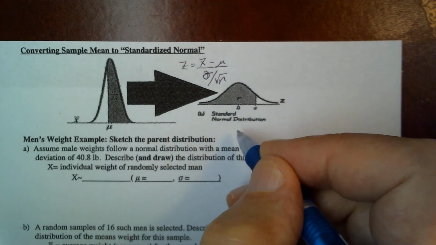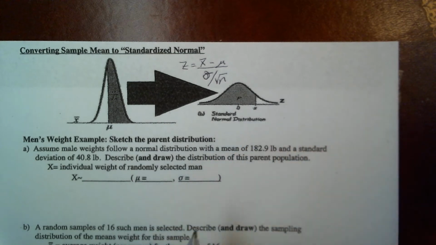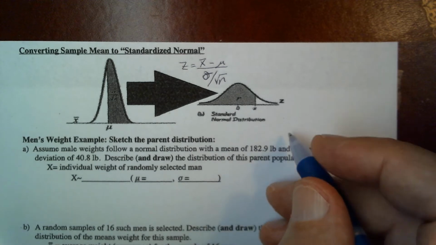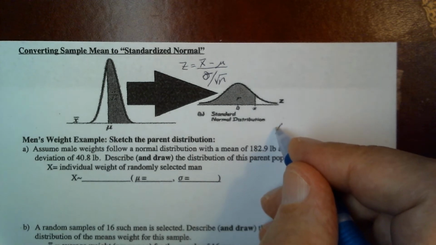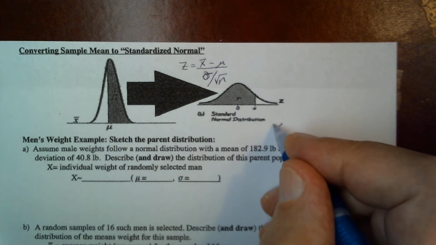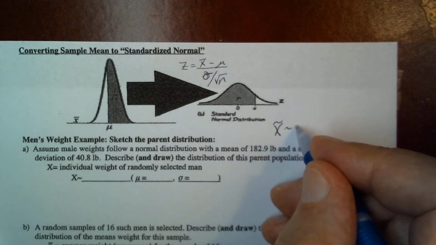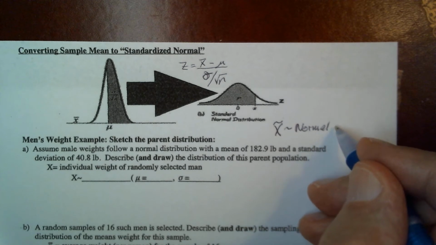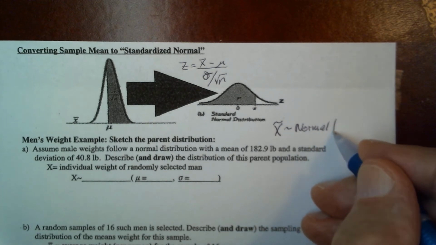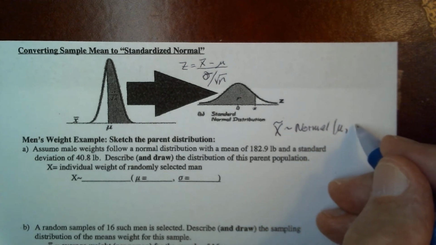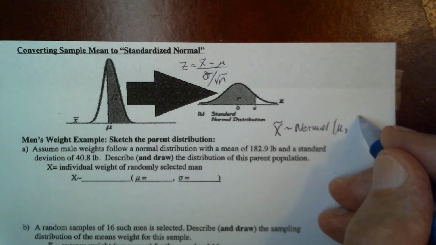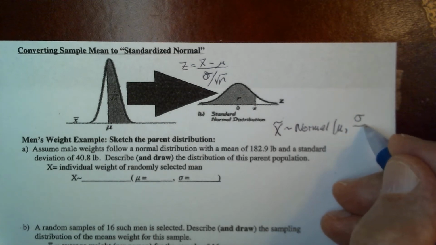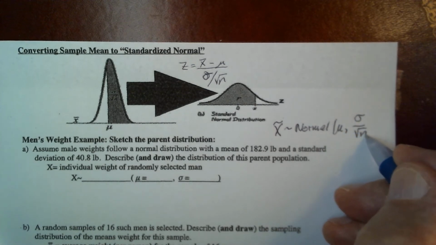That's how we convert this into a standard z-score. So we say that x bar is normally distributed with the mean of the population mean and the standard deviation of the population standard deviation divided by the square root of n.